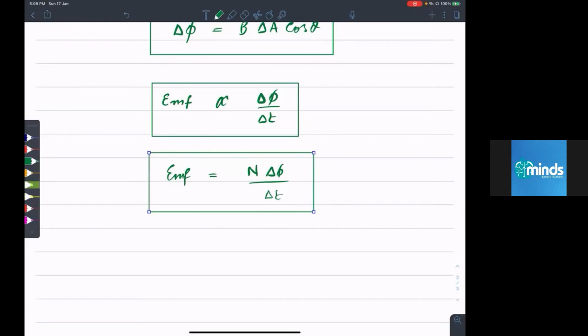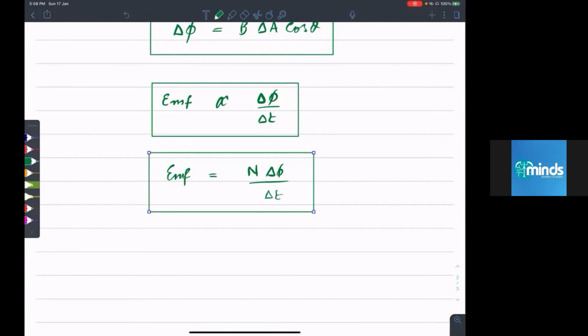Do you people agree? Okay, if we are getting this, that the induced EMF will remain till the flux is changing, as soon as the flux becomes constant there wouldn't be any induced EMF.